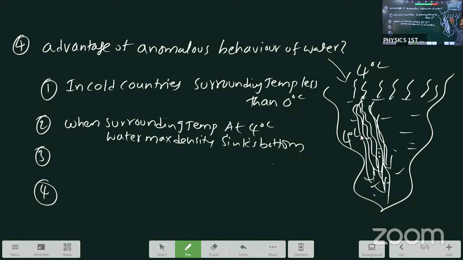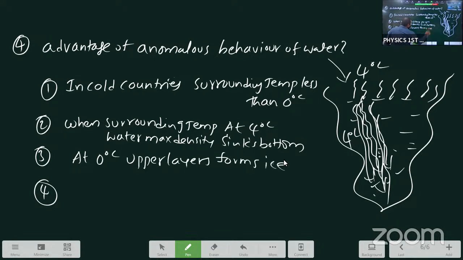First point, temperature below 0 degrees Celsius. Second one, surrounding temperature 4, water becomes denser and sinks to the bottom. Now the temperature goes 3, 2, 1, 0 degrees Celsius. At 0 degrees Celsius, the upper layer forms ice.